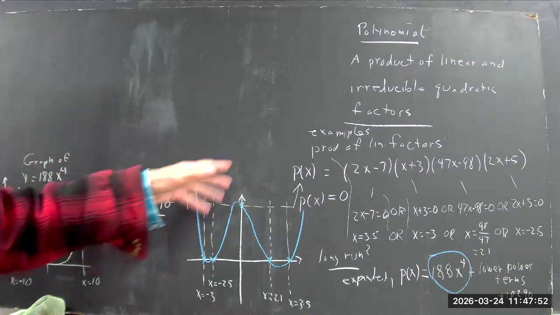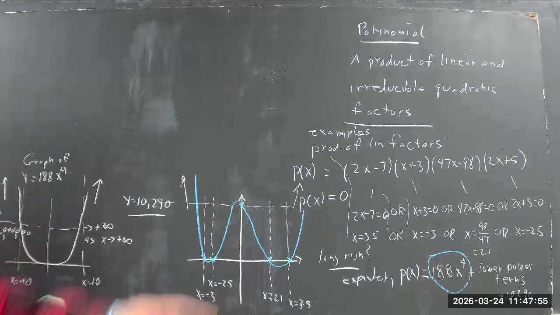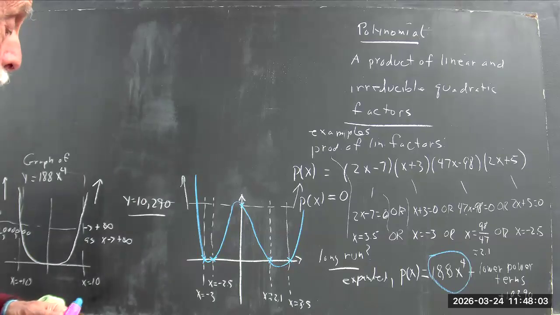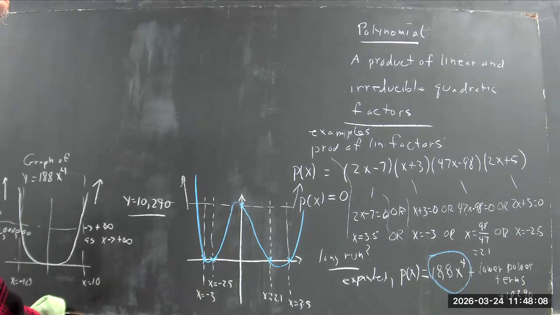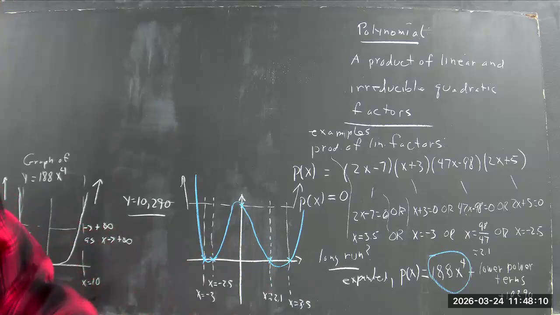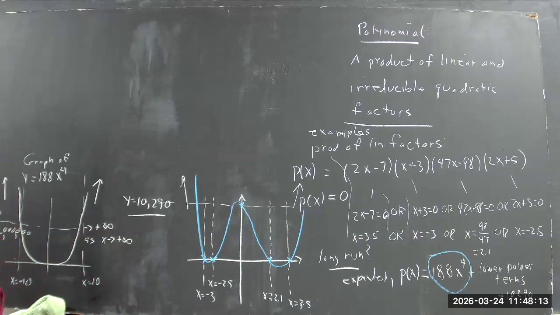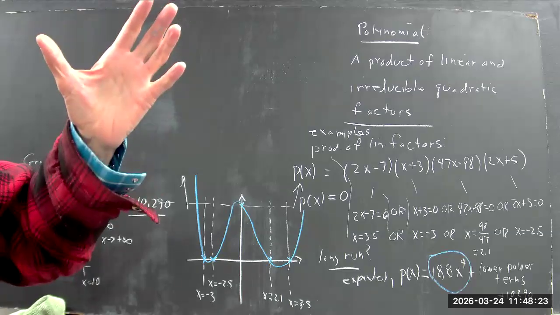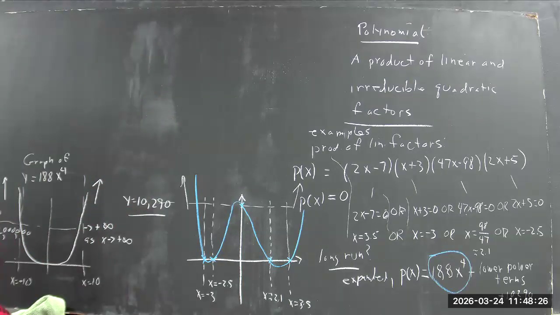The graph has to be a smooth curve. Polynomials always have graphs that are smooth curves. That's just a demonstration of what your book, your open math, any text will tell you: you find the zeros, you find the y-intercept, and you look at the long run behavior. You put it all together, you've got your graph.